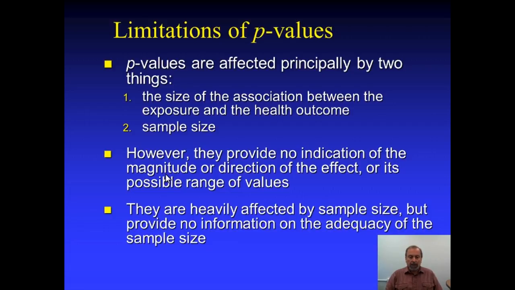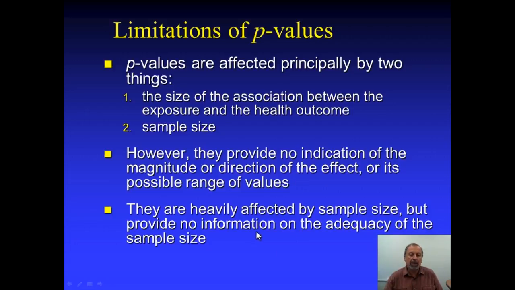So although we produce some sort of measure, some relative risk estimate from our study, it might have been slightly different if we had carried out the study a second time. So it provides no indication of the size or the possible range of values.